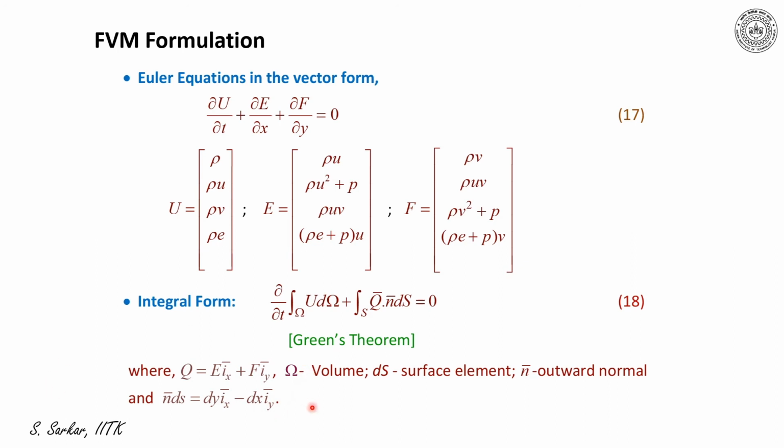Now I'll explain a bit here. If I consider the equation 17, which has been put in the vector form, and I have given the expression for U, E, and F. The first row represents the continuity equation.